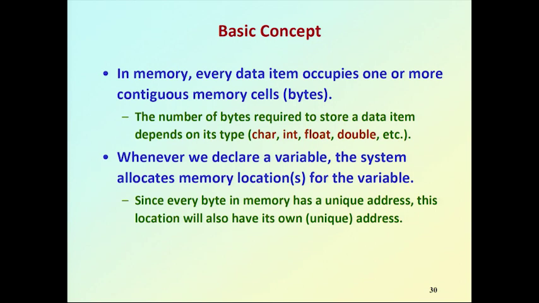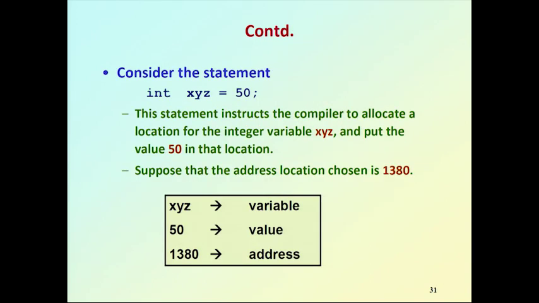Whenever we declare a variable, the system allocates memory locations for the variable. As I already mentioned, these 4 bytes are reserved if I declare an integer type variable. Since every byte in memory has a unique address, this location will also have its own unique address. So where actually this variable is stored, that location we will see.